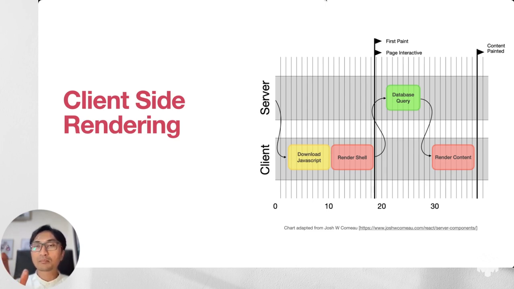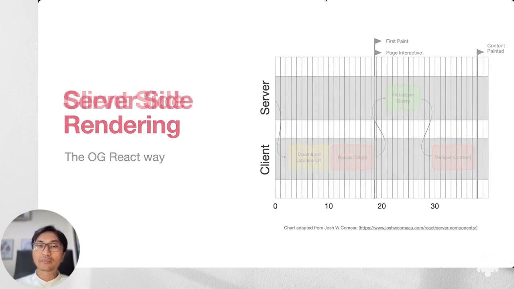When the first paint and page interactive happen, and when the content is painted, it will take a long time from the initial request to the server. So the consequence is the user will be waiting quite a long time to be able to see or read the content from the server. So this is the original React.